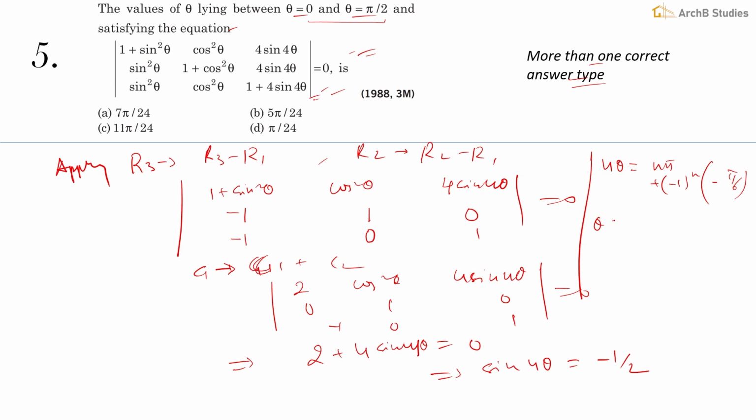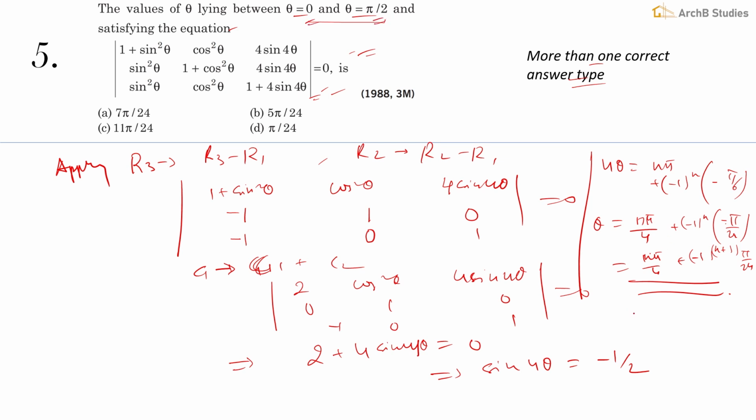Okay, then theta will be equal to n pi upon 4 plus minus 1 to the power n minus pi by 24, that is, minus 1 to the power n plus 1 times pi upon 24. So theta will be like this. And now we have to find the values between 0 and pi by 2.